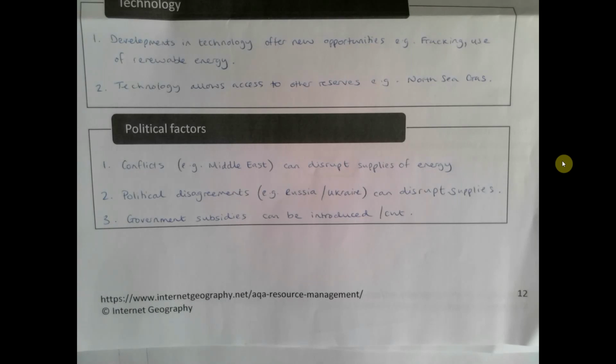By doing that, that actually encouraged people to generate electricity in that form. If those subsidies are introduced, that can help to make things cheaper, but if they're cut, that can make things more expensive and put people off actually then installing those renewable technologies. So the decisions taken by governments are also quite important on a regional and national scale in terms of influencing the availability of energy supply.